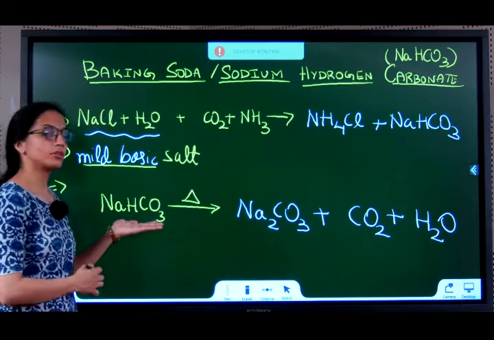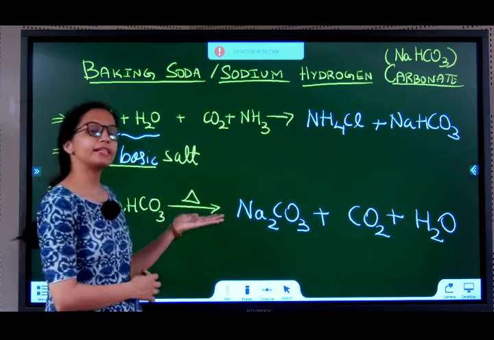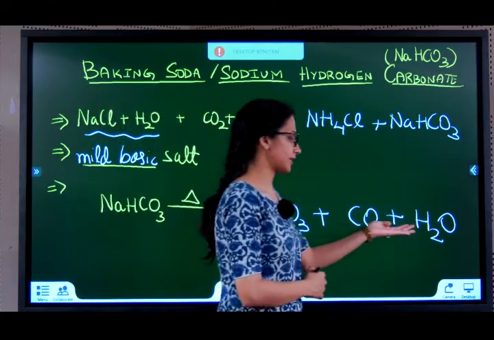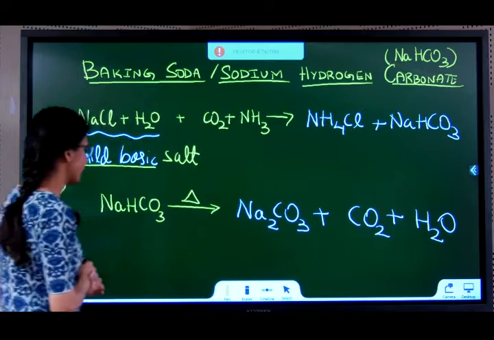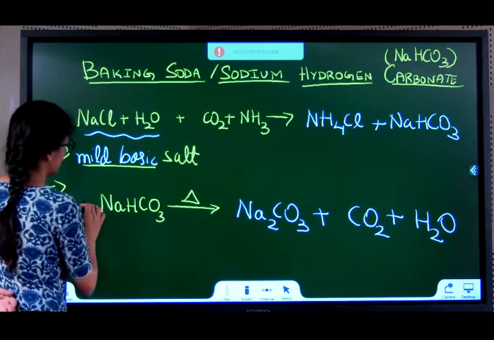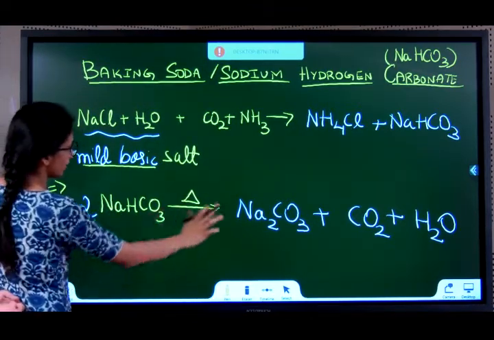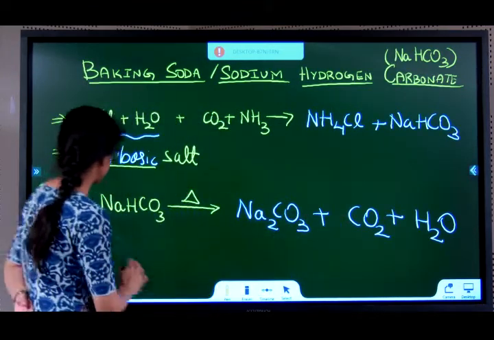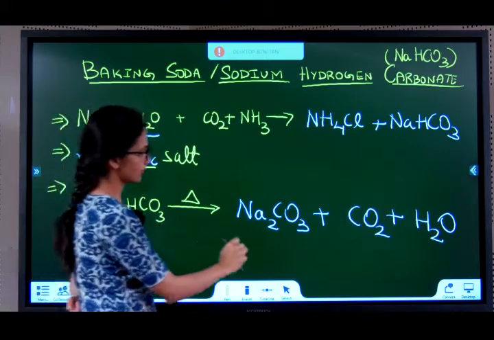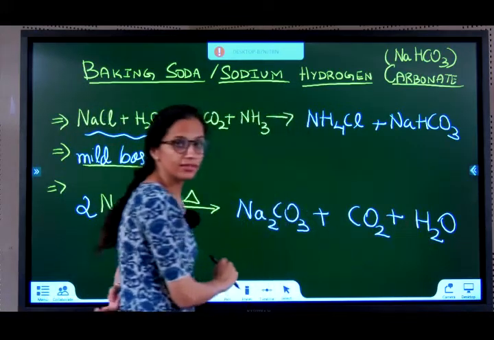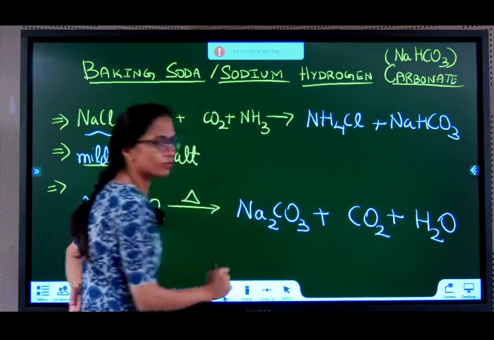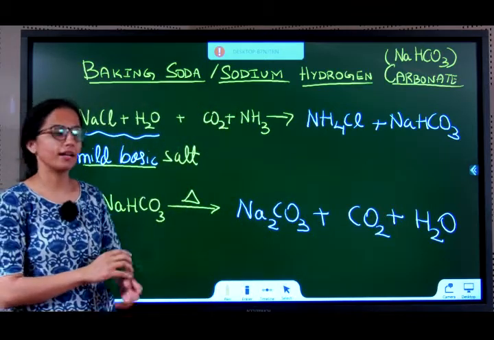Sodium hydrogen carbonate on heating decomposes into sodium carbonate, carbon dioxide gas and water. Balancing this reaction, there is 2 there, so this will become 2, 2Na balanced, 2C balanced, 6 oxygens, 3 plus 2 plus 1, 6 oxygens, 2 hydrogens, 2 hydrogens. So it's a balanced reaction now.